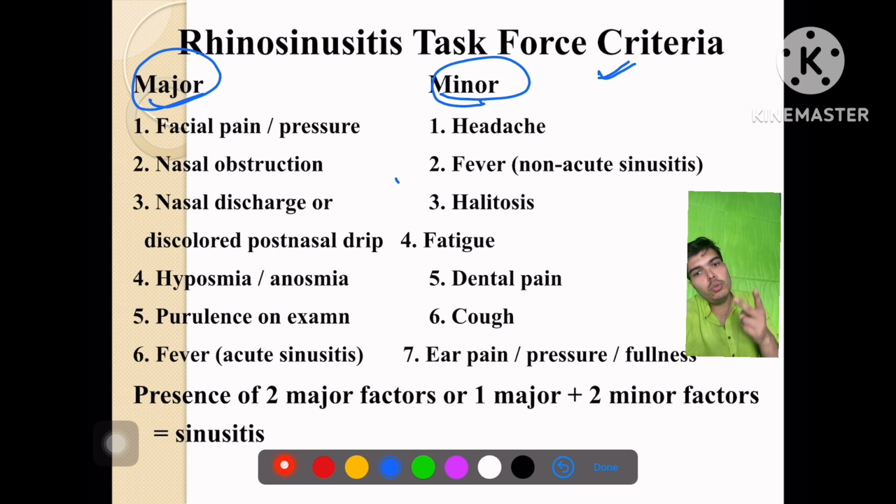So if you have two major and one minor criteria, or one major and two minor criteria, it is a feature of sinusitis. The features include facial pain, facial pressure, nasal obstruction, nasal discharge, post-nasal drip, hyposmia, anosmia, and purulence on examination. Fever is taken as both major as well as minor criteria.